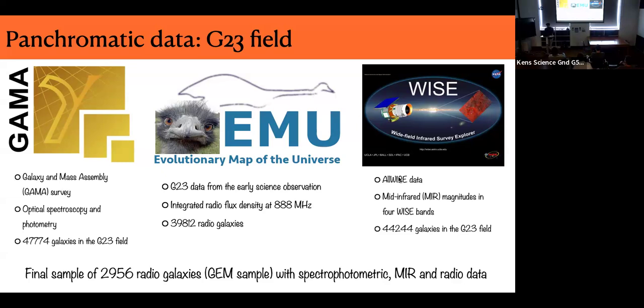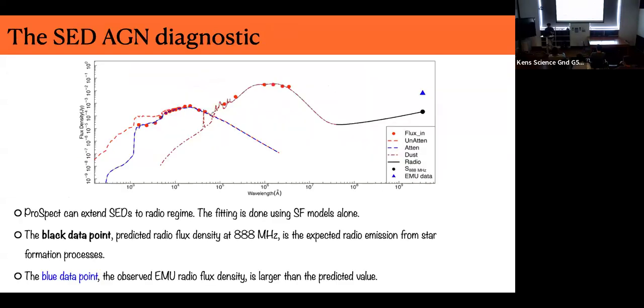A bunch of cross-matching procedures have been done, and as a final sample, I chose emission line galaxies, so only those with spectroscopic data and also radio flux density values. In the end, I have 2956 radio galaxies with all of these properties set to fit the SED.